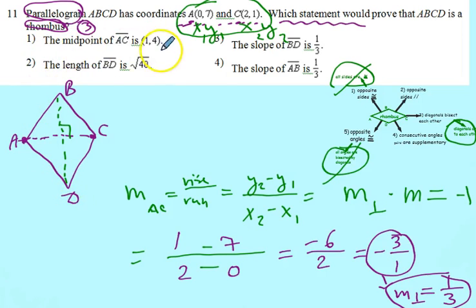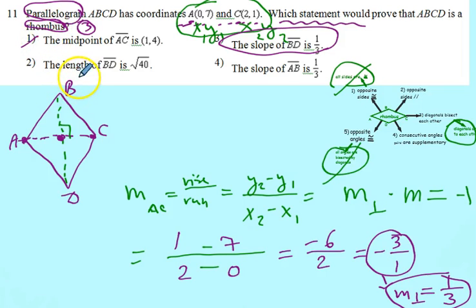Let's see if they say something about this. Slope BD is 1/3. Here it is. That is the answer. Now, how did I know to rule out these possibilities? Think of it yourself. They say midpoint of AC, so they are talking about this point. But midpoint is not one of the 3 rules that make a parallelogram a rhombus.